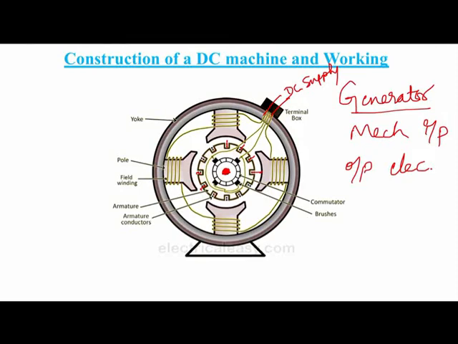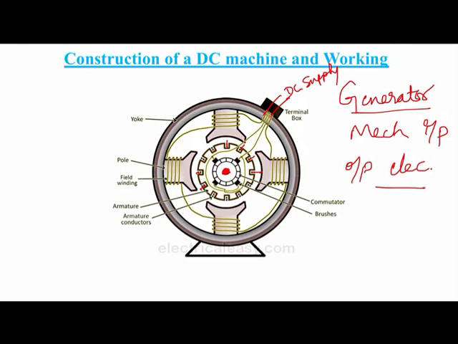Now according to Faraday's law, whenever a conductor experiences a change in magnetic field, an EMF will be induced in the conductor. The same principle is used here. In order to generate the EMF, we need three essential components.